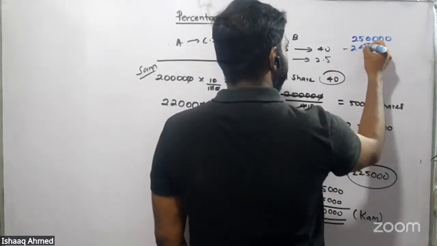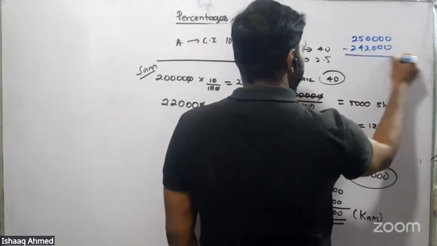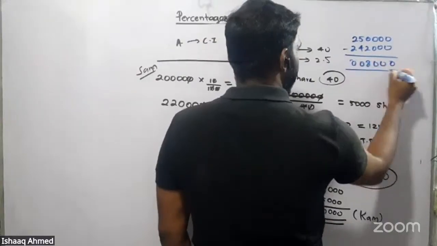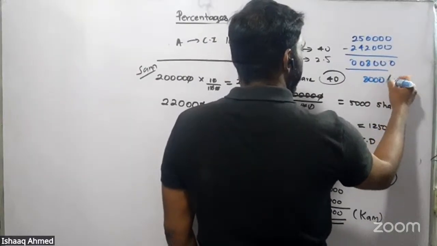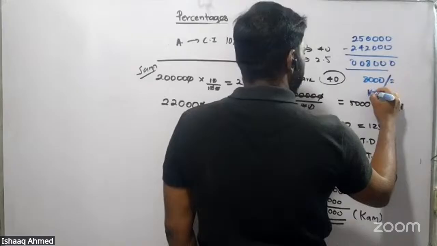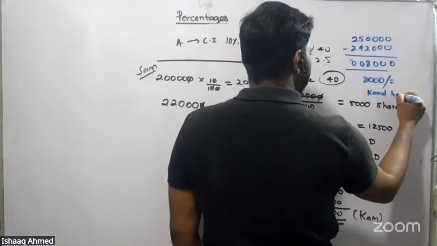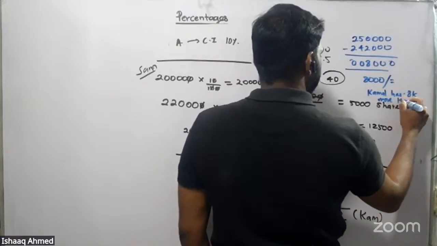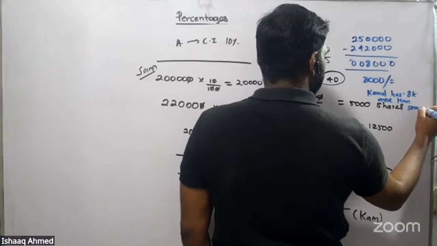How much does Saman have? 242,000. If you subtract, you get how much? 8,000. So therefore, Kamal has 8,000 more than Saman.